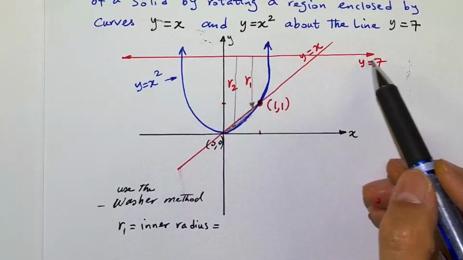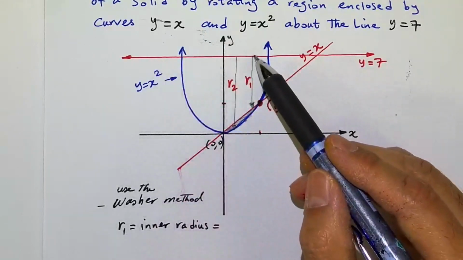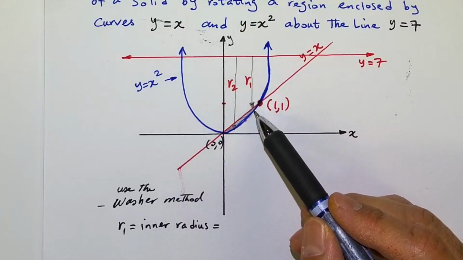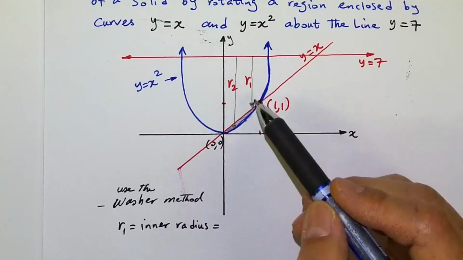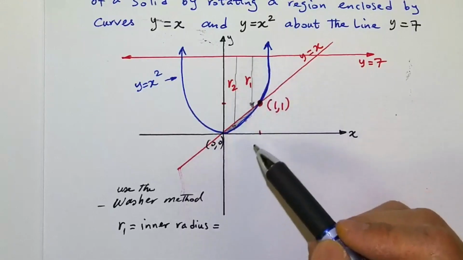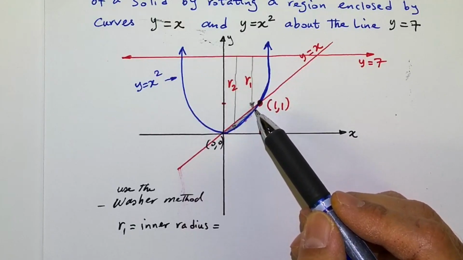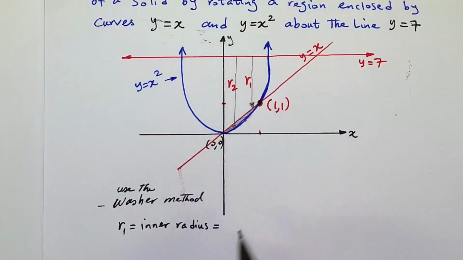So 7 would be the distance from the horizontal line to the x-axis. So for the inner radius, it would be 7 minus that distance, which is on the line. So that would be x, right? So the inner radius would be 7 minus x.